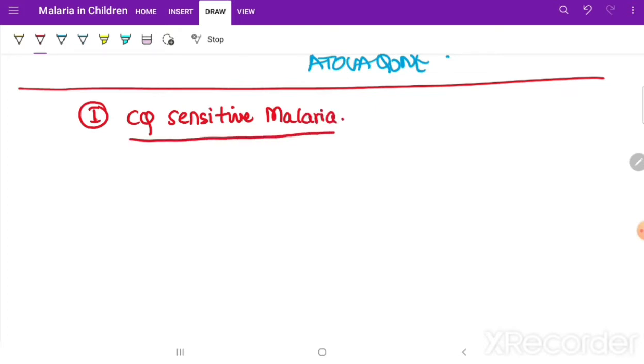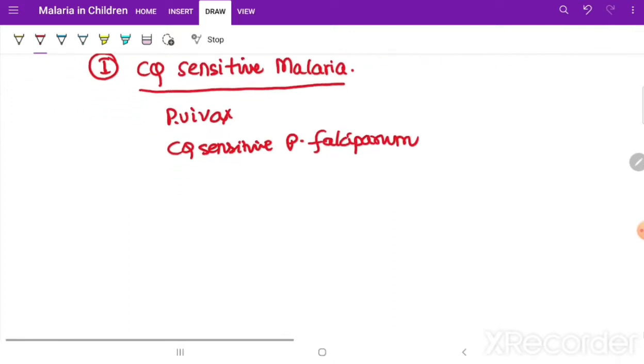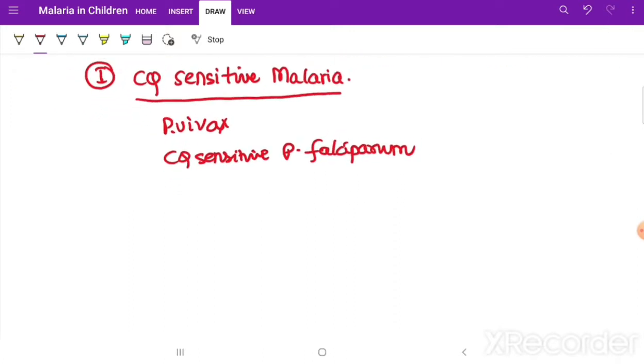Now, what are the species which are sensitive? P. vivax is sensitive, and chloroquine sensitive falciparum malaria, because there are few types in falciparum where there is resistance also. So we have P. vivax and chloroquine sensitive P. falciparum.